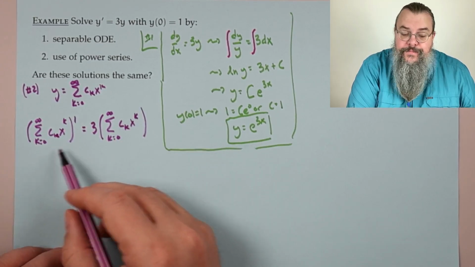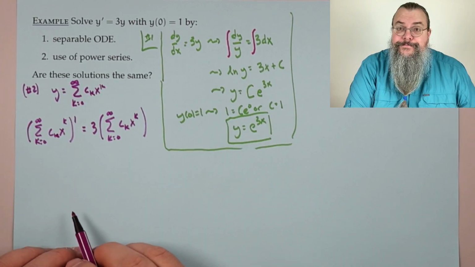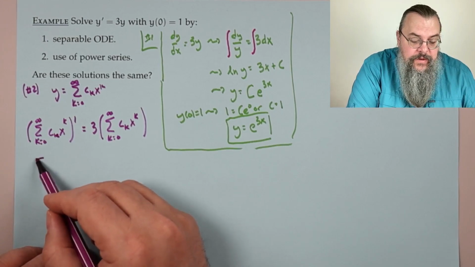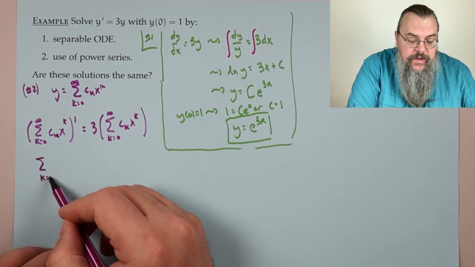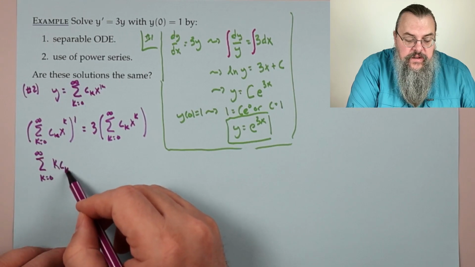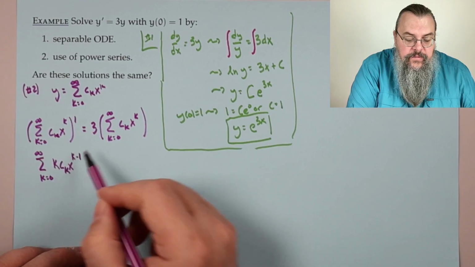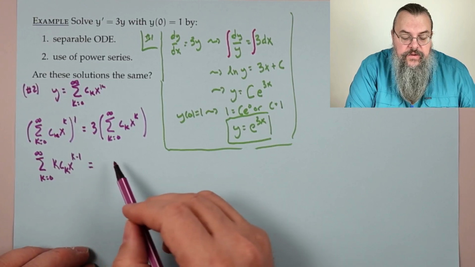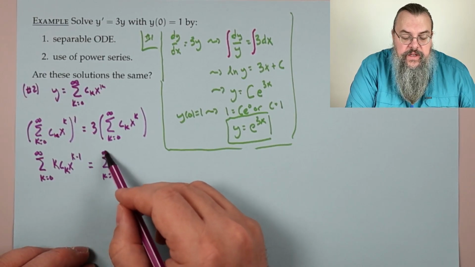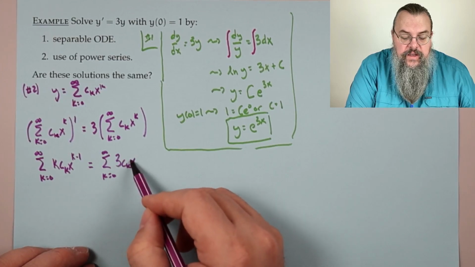Y prime equals 3y. All right, well, this becomes the sum k equals 0 to infinity of k c k x to the k minus 1. And that's equal to, well, here we'll have the sum k equals 0 to infinity, 3 c k x to the k.